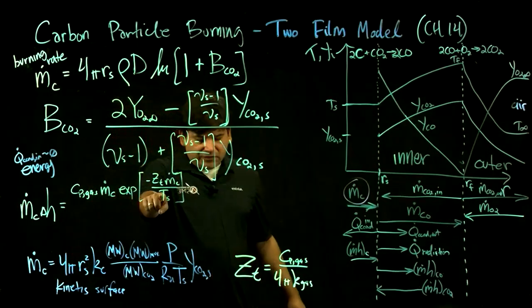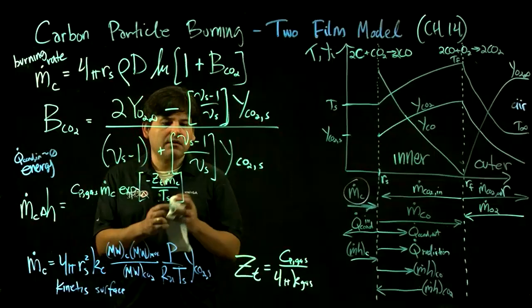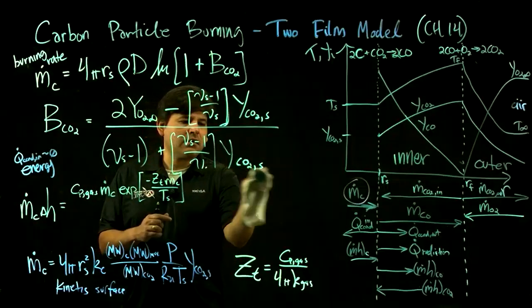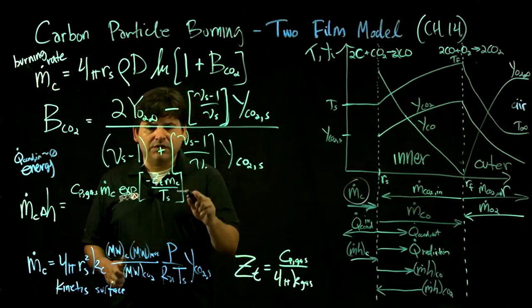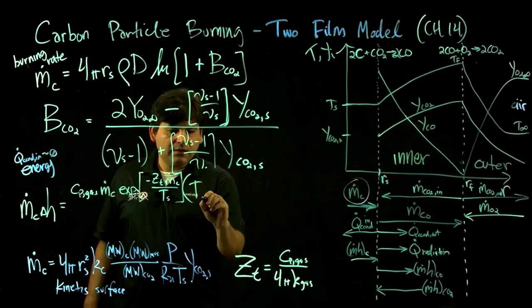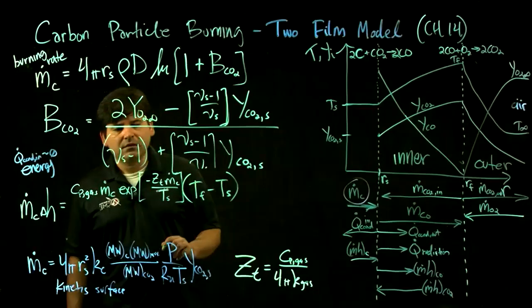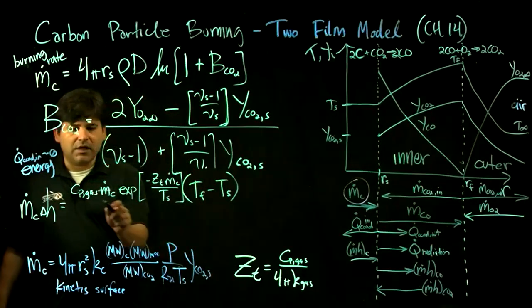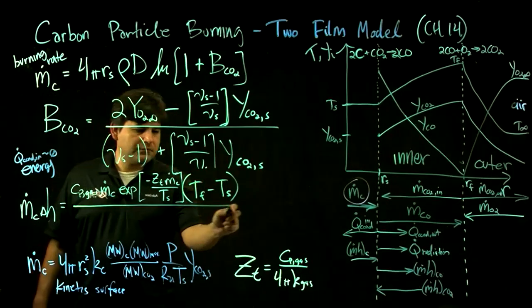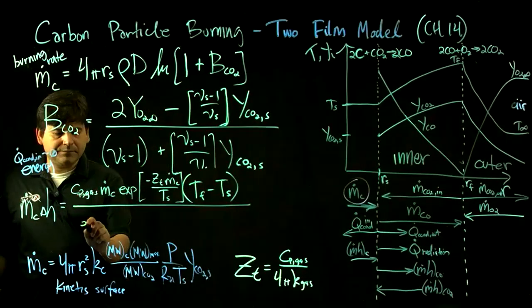So we have a term that depends on the temperature of the surface, and then this is all multiplied by the temperature difference between the flame and the surface. Then you have these so-called resistances here.